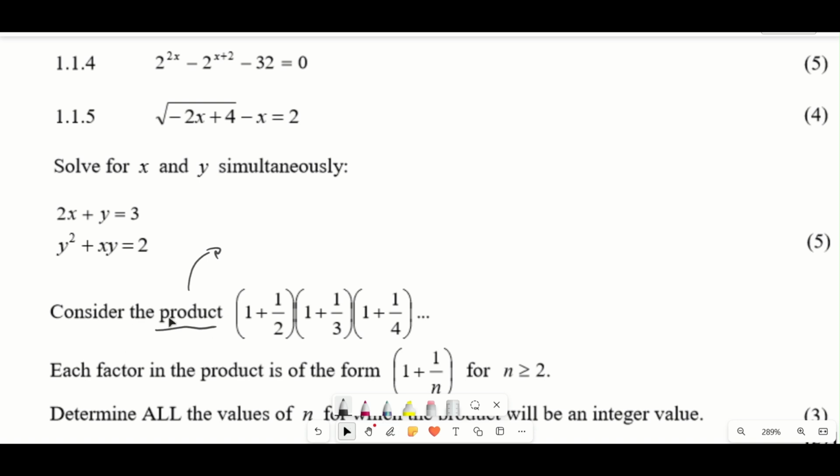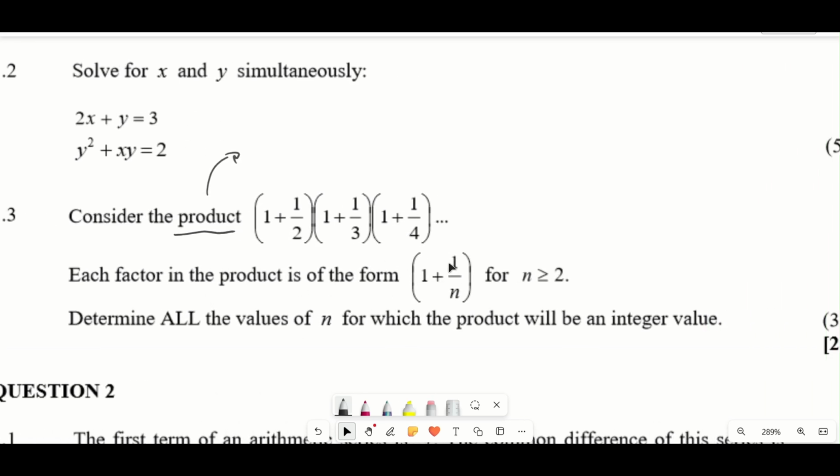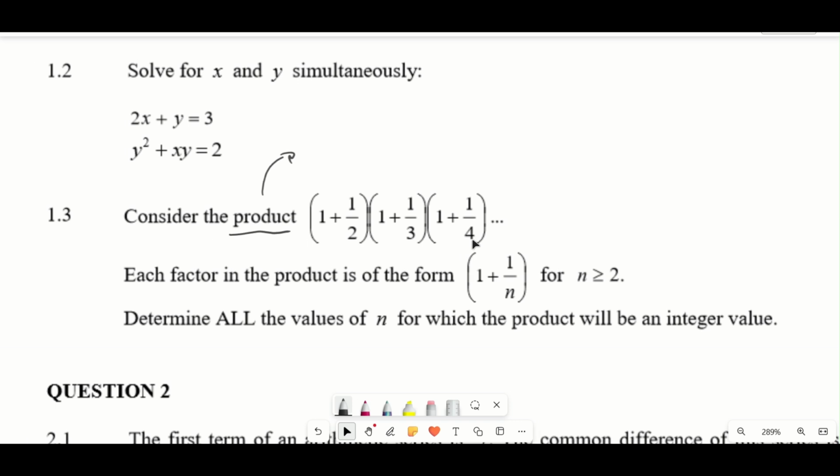They will pop out one of these days, and it actually popped up here. They're saying consider the product. So when they're saying product, they're actually saying multiplication, right? When we're talking about a product, we're talking about multiplication or multiplying, and then there's division.